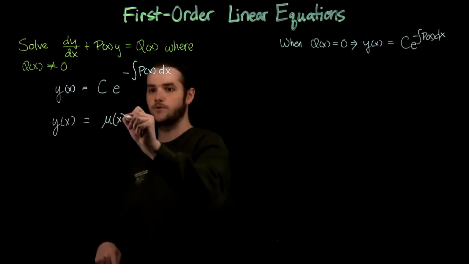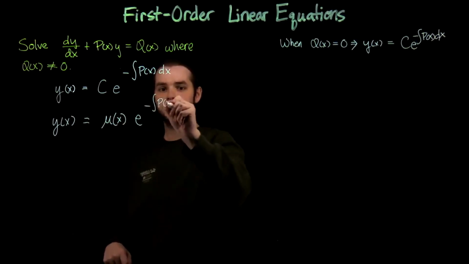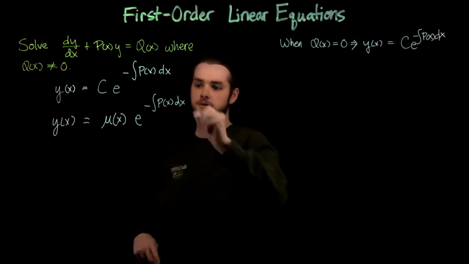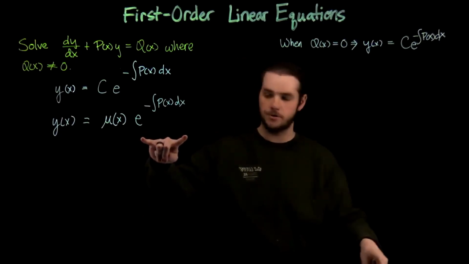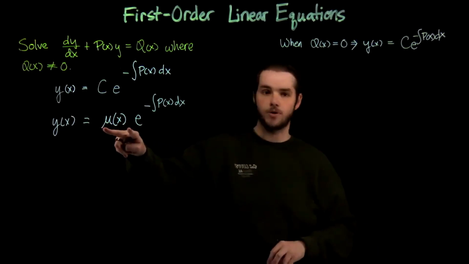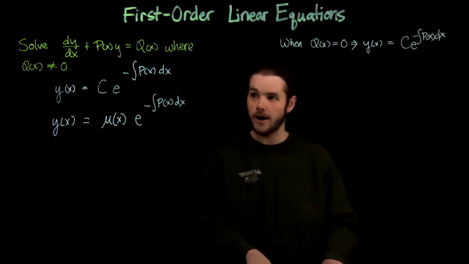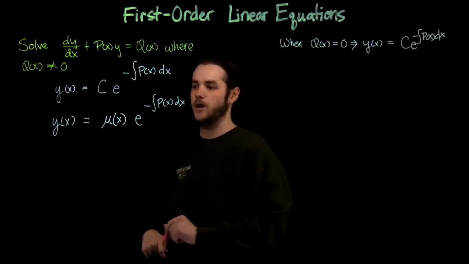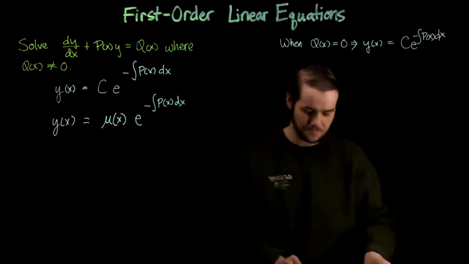We'll call it mu for now, times that e to the negative integral p of x dx. We do still expect this factor to show up because of the structure of the linear equation, but our parameter may vary now. And so that is why this solution method, by the way, is called variation of parameters.